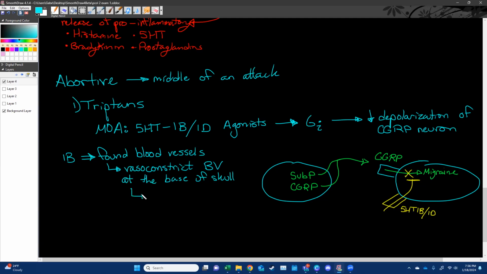And ultimately, what this is going to do is it's going to decrease the sensory changes, right? We talked about how the trigeminal nerve begins in the pons. The pons is at the base of the skull. So if you're activating 1B, you're going to be trying to realign the incoming signals and you're going to try to fix what's going on at the trigeminal nerve.